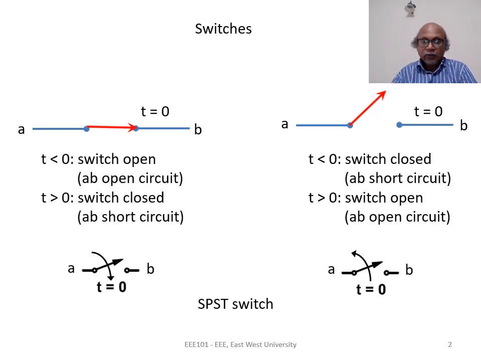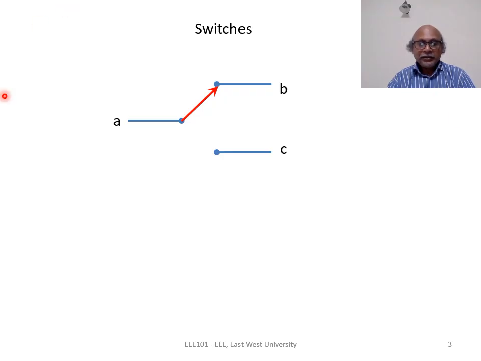There is another type of switch which involves three nodes. This is that switch. As shown, the switch is connecting node A and node B. The switch is always connected to node A. This is the pivot and the lever goes either to node B or to node C. In this condition, A and B are closed or short circuit, A and C are open or open circuit.